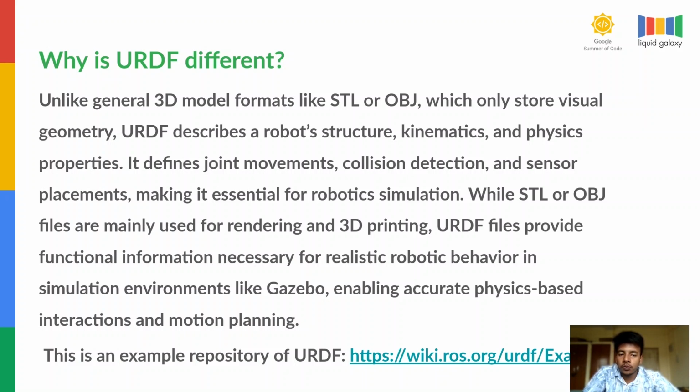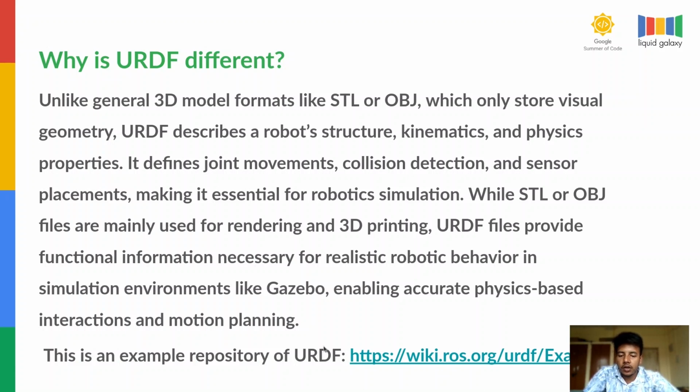It defines joint movements, collision detectors, and sensor placements, making it essential for robotic simulation. So, for realistic robot behavior, every information of these joints, collisions, and sensors is necessary, right? So, therefore, it has to be defined, and this format is called the URDF format.